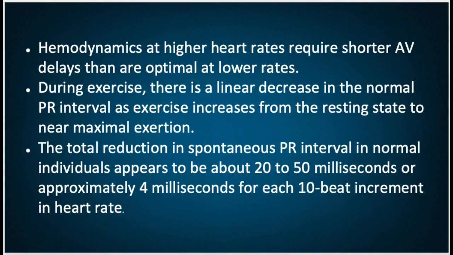The total reduction in spontaneous PR interval in normal individuals appears to be about 20 to 50 milliseconds, or approximately 4 milliseconds for each 10 beats increment in heart rate.